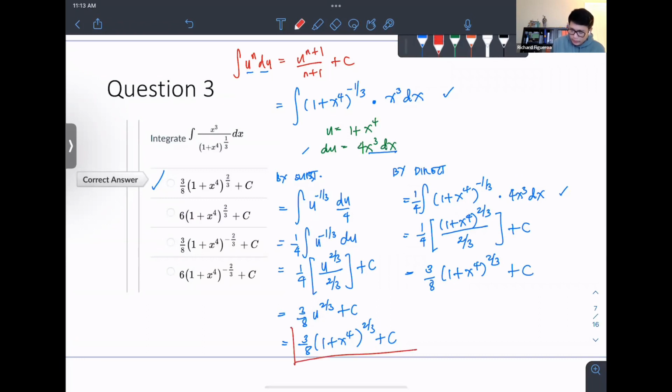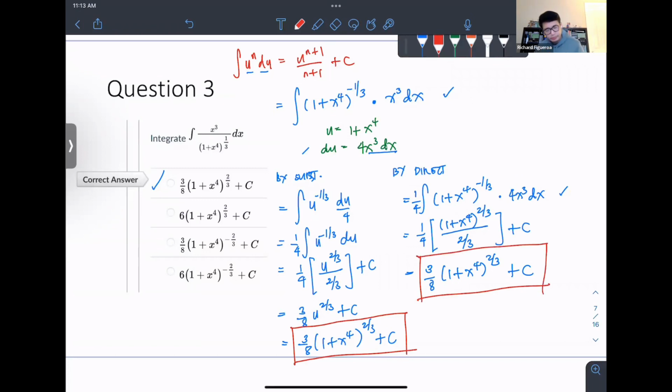Either of the two, we have the same answer. Again, it's up to you which one you understand better. If you understand the substitution better, then follow that solution. It will just take you more time, since it has a longer solution compared to the direct method.